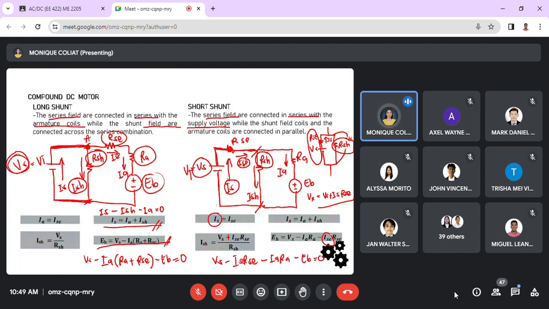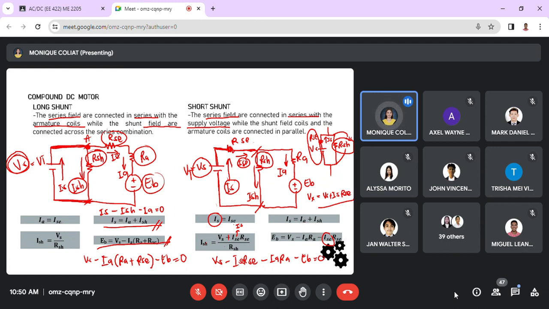That is how you get ISH. Then to get IS, that is equivalent to IA plus ISH.